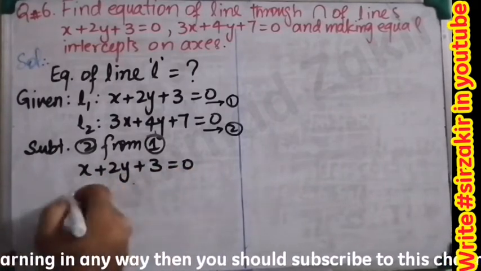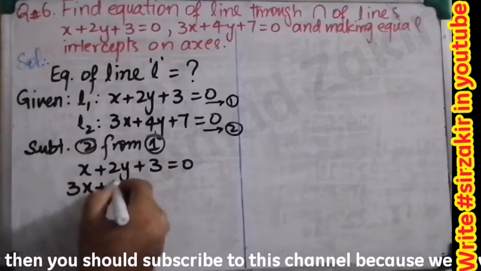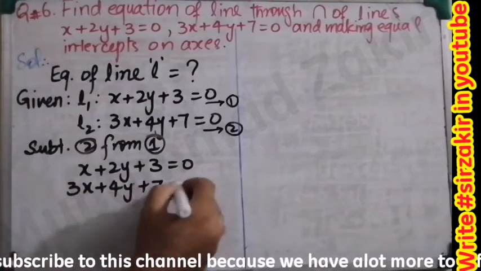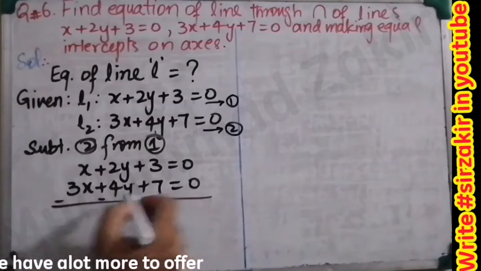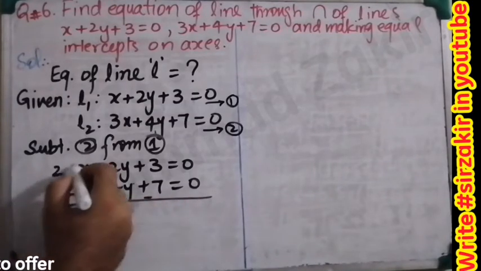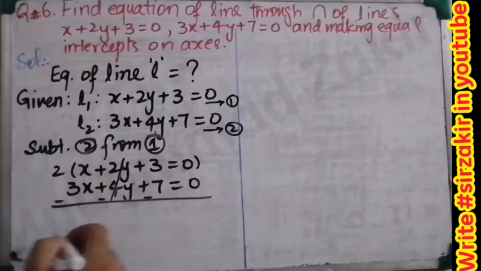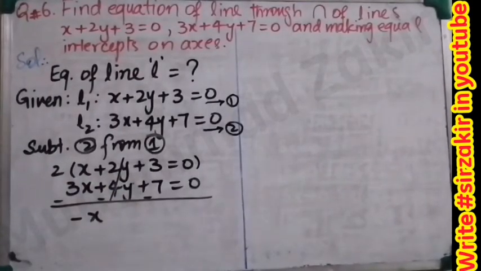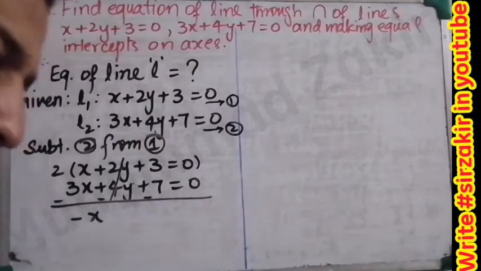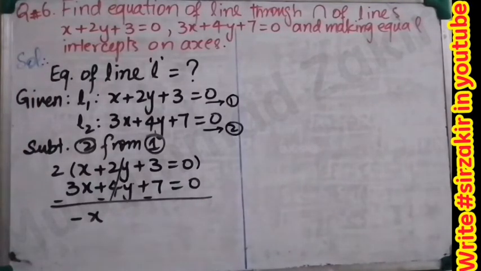We rewrite them and we change the sign of the second equation. All values are positive, all will become negative and subtraction takes place. In order to equalize the coefficient of y, we multiply the first equation by 2. It becomes 4y minus 4y. So the y coefficients become equal, 4y minus 4y, and they get cancelled.